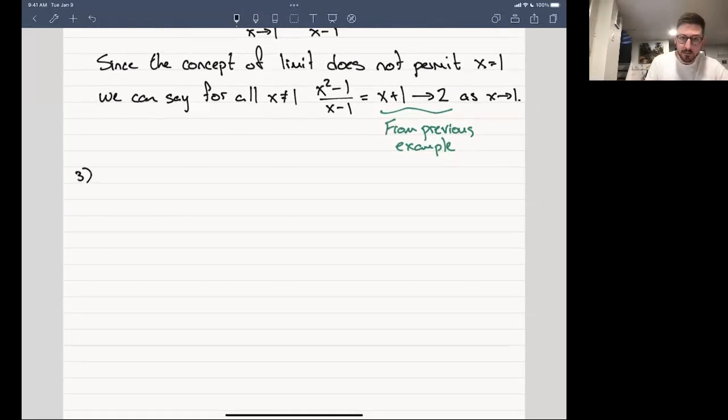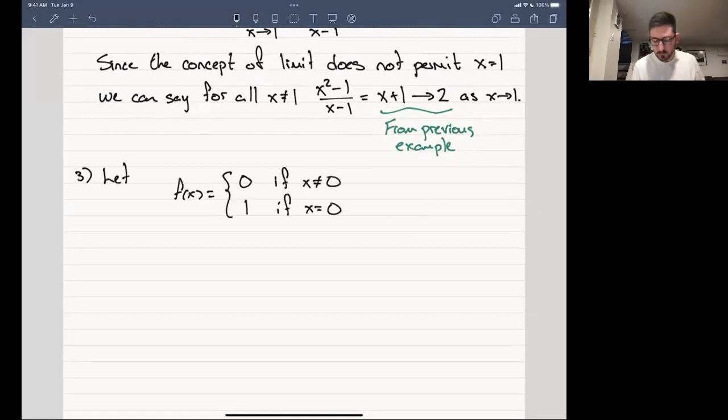Okay, so 3. Let's consider a piecewise function now. f of x is equal to, say, 0 if x does not equal 0, and 1 if x is equal to 0. So this is a discontinuous function as we typically interpret it. But then let's look at the limit as x goes to 0. Well, this is f of x. But remember, the limit does not permit you to actually look at the value 0.